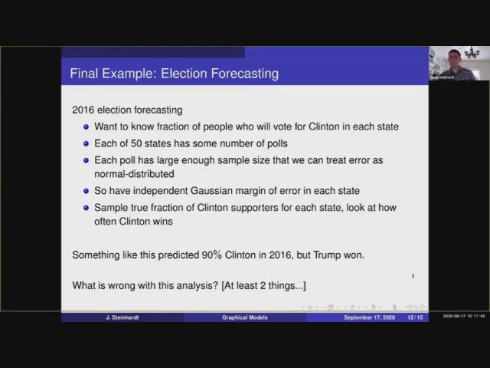And this bias tends to be correlated across states for each pollster. So instead of thinking of all these states as independent, a better graphical model would be the following.